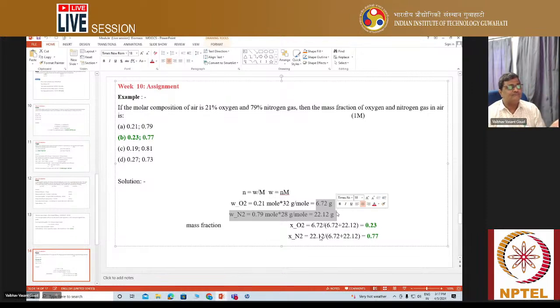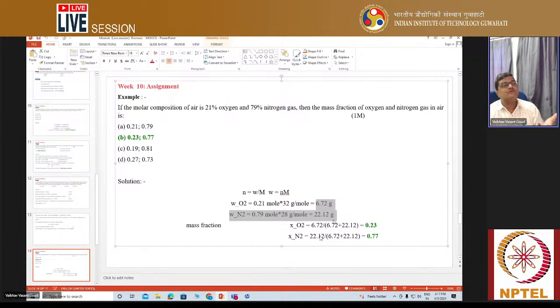Simple. Now when we say that we have to convert this into the weight fraction of oxygen and nitrogen in the air, that means we have to convert this mole composition into a weight fraction.